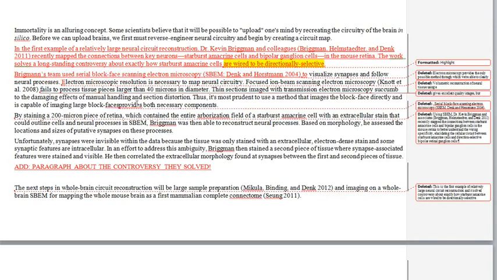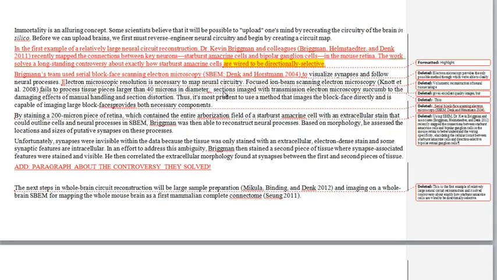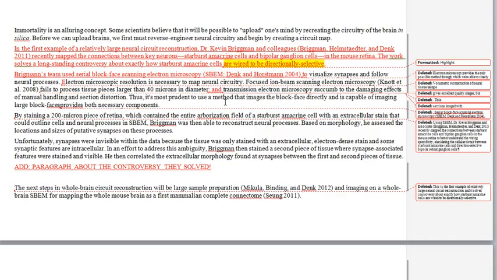So we could just say it fails to process tissue pieces larger than 40 microns in diameter. And then I'm going to connect this to this next type of microscopy that also doesn't work for this situation. And transmission electron microscopy, it's problematic because it requires thin sections, thin samples, that often succumb to the damaging effects of manual handling and section distortion.